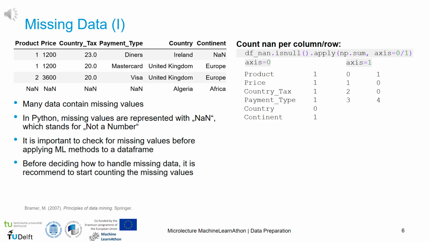So usually it's hard to get the reason afterwards, but nevertheless you have to decide on how to handle the missing data. Before deciding that, it might be advisable to count the missing data in your dataset, because your measures should also depend on how many missing data you have.